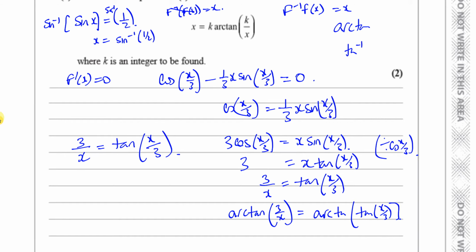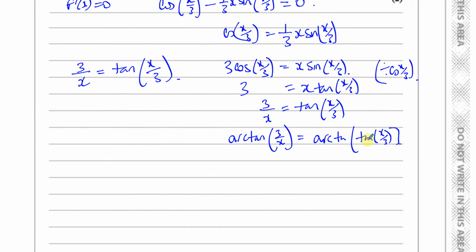This is basically what we actually do when we take inverse tan or sine. So the arctan of 3 over x stays as arctan of 3 over x. And arctan of tan x over 3, well, they kind of cancel each other out. It's an inverse function for that. So that will just give you x over 3.